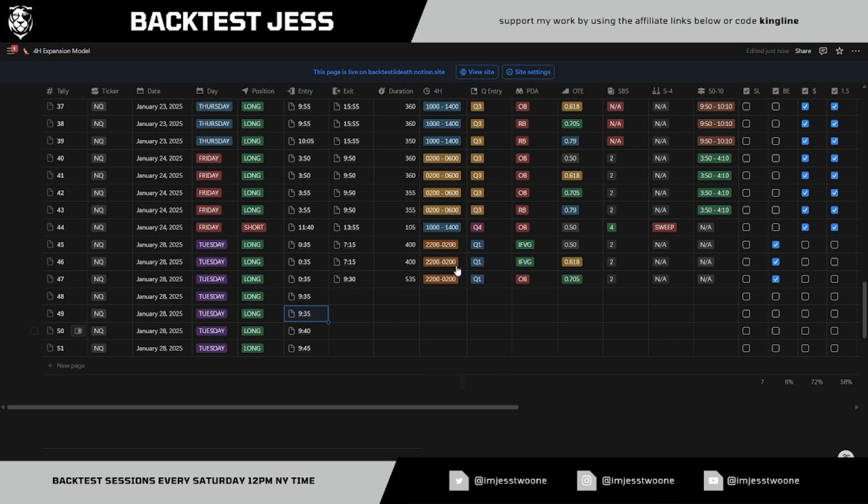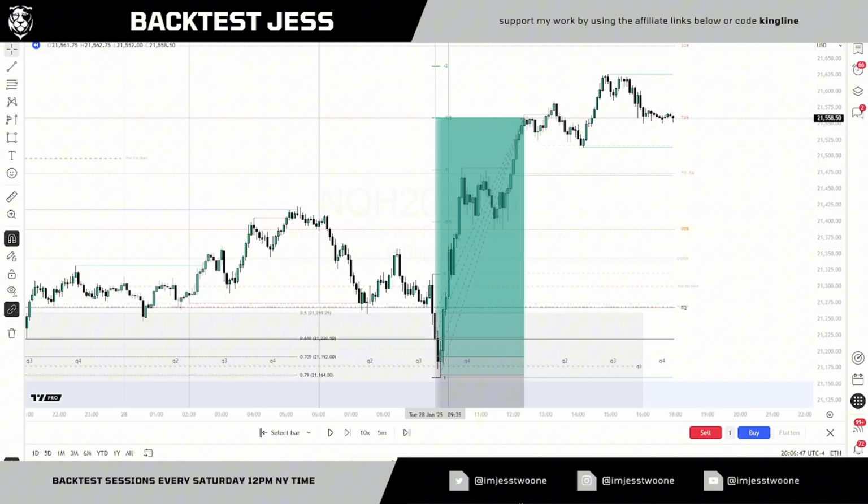Notion has been slow at putting those in. 10 to 2. Entered during Q3.